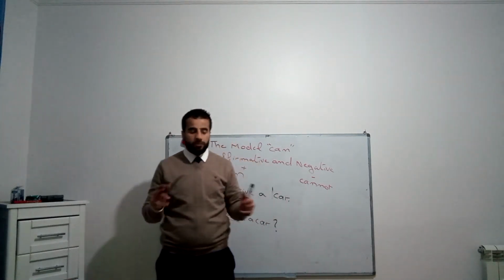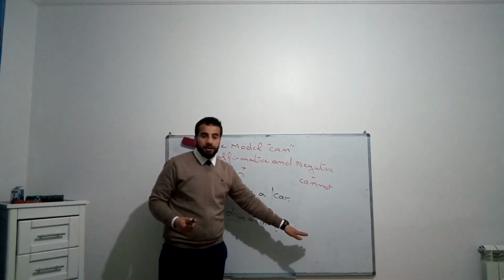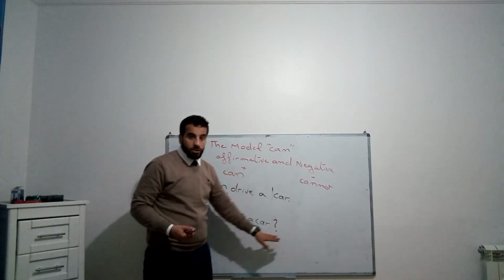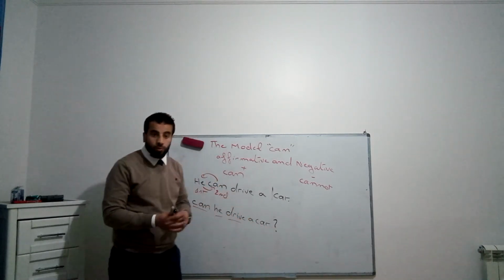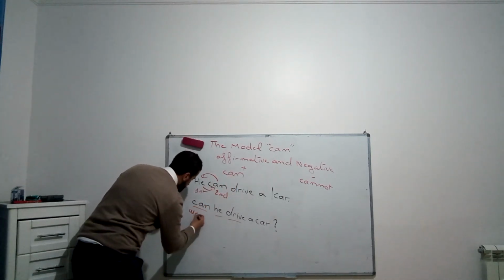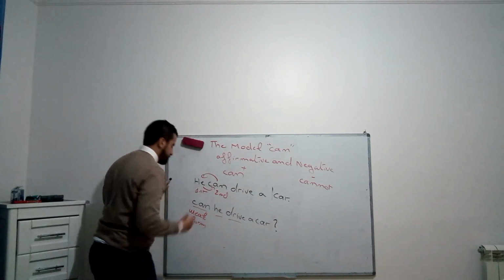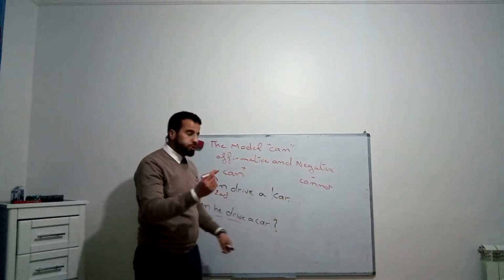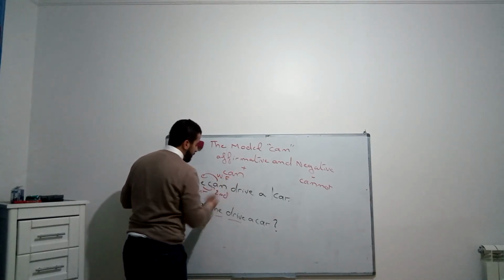Very simple. Can has a weak form when we use it in a question. If can is used in a question, it has a weak form. If it is in a normal sentence, can here also has a weak form.